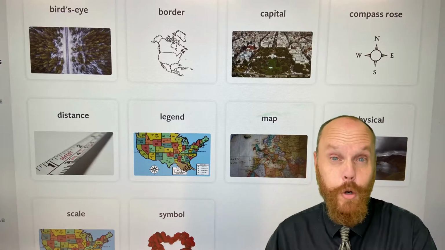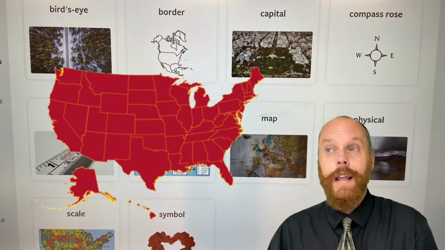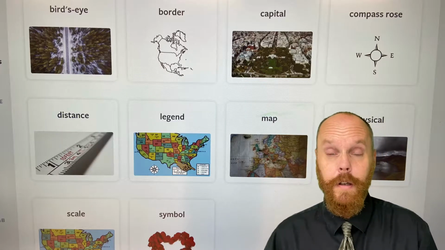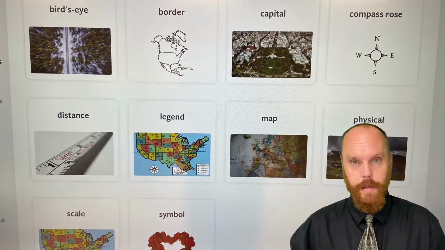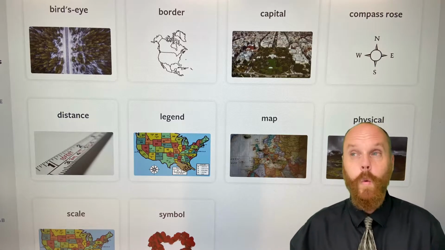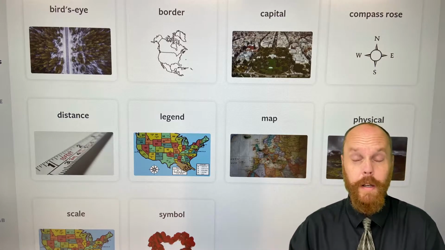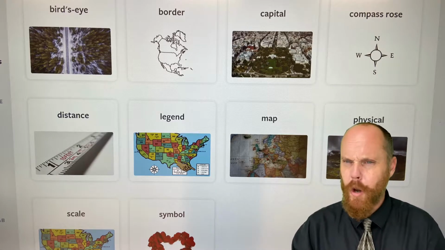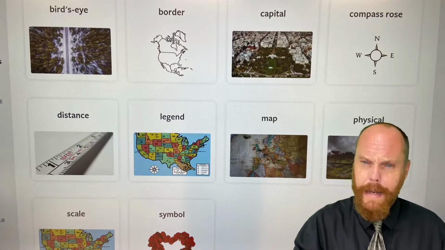Well, if you think about the borders between states, the borders between cities, even the borders between different neighborhoods. All of these borders are there to separate things, whether it's land and water, or whether it's city per city, whether it's state per state or country per country. These borders are on a map to show us where one land starts and one land ends.